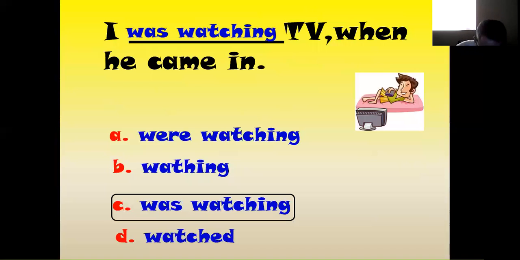Remember that both of the two actions are in the past, but one of them happened and finished, and the other, when I mention past progressive, or past simple, I mean the action which was happening, was taking place, taking some time in the past. I mean the period of time. I don't mean the end point.